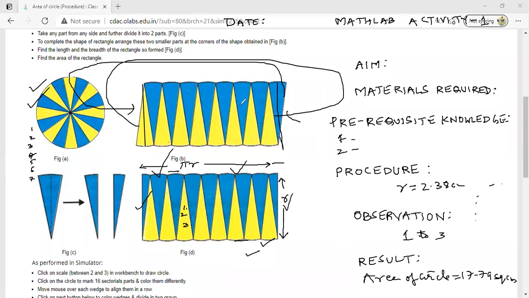From one circle cut 16 parts and then paste like this. Another circle cut 16 parts, paste like this, and make one more replica like this, and you can cut and show. It is up to you. But at least you should have these two pasting parts. Okay, got it? Any doubt now?